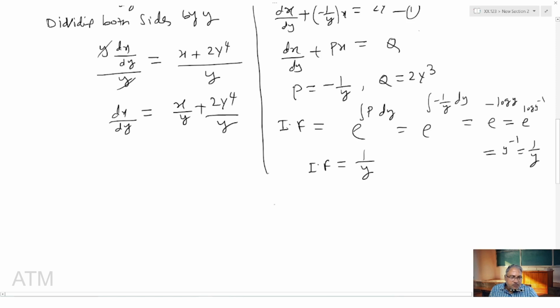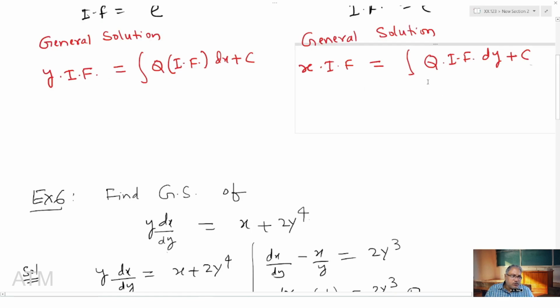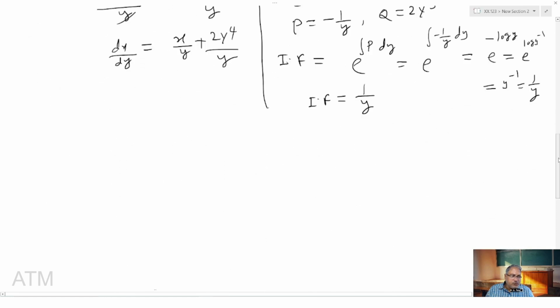Now, after that, the solution. What is the solution formula? The solution of the general equation is given by x times the integrating factor equals the integration of Q times the integrating factor dy. So this formula we are going to use. x times the integrating factor, that is 1 upon y, equals the integration of Q. What is Q?